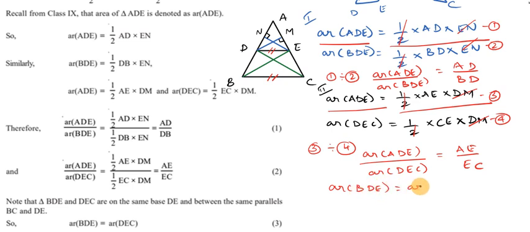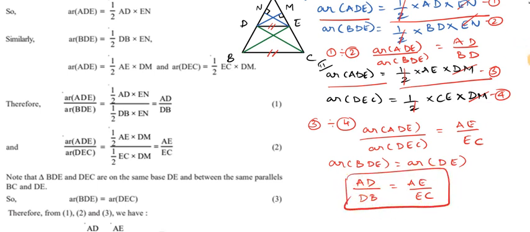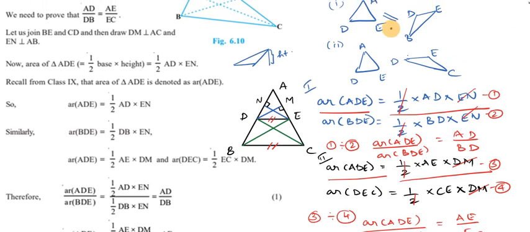So when these two are equal, we can equate the right hand sides. So my AD by BD is equal to AE by EC. BD can also be written as DB, so nothing wrong with that. AD by DB will be equal to AE by EC, which is what we had to prove.